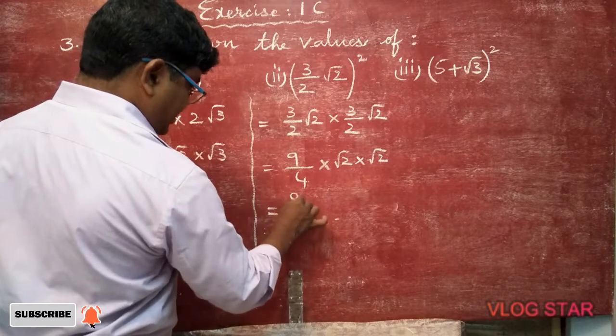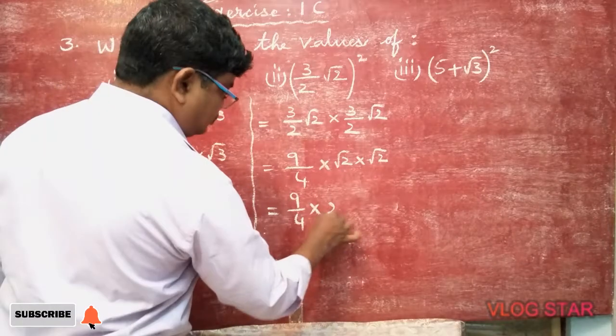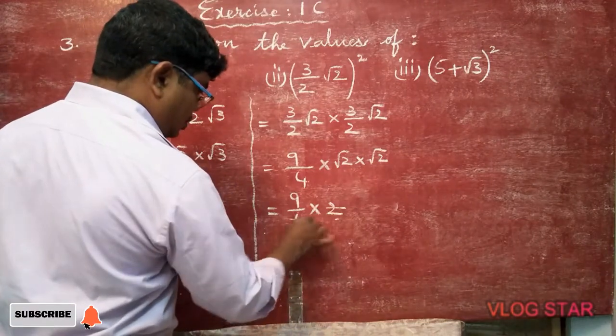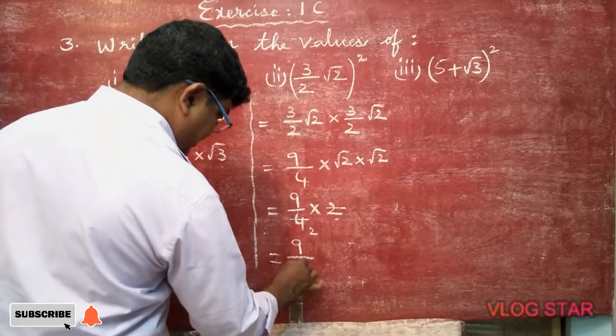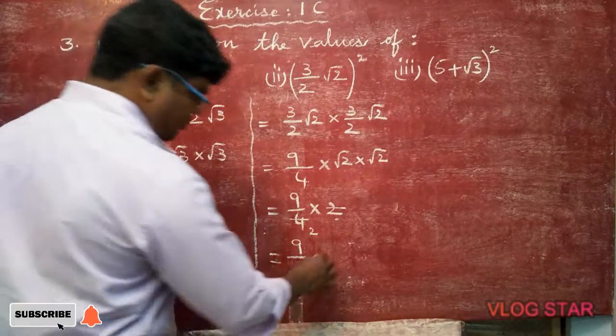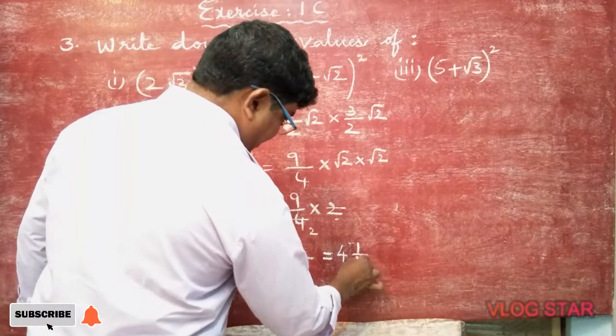That is equal to 9 by 4 into root 2 into root 2 is 2. 2 goes in 4 2 times. So 9 by 2. If you want to change into mixed fraction, 4 1 by 2.